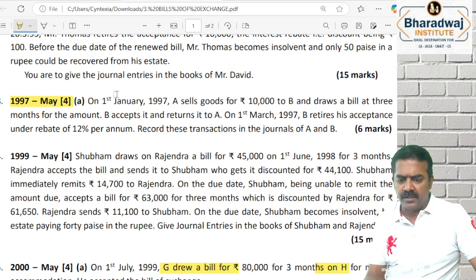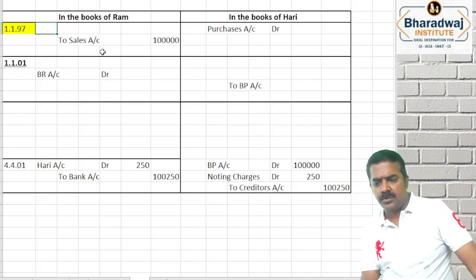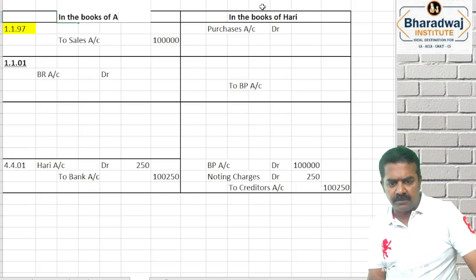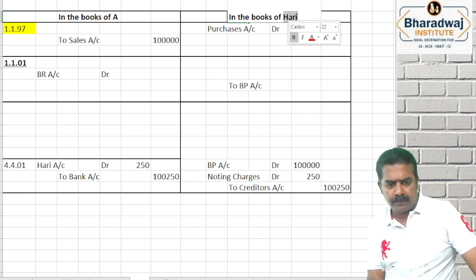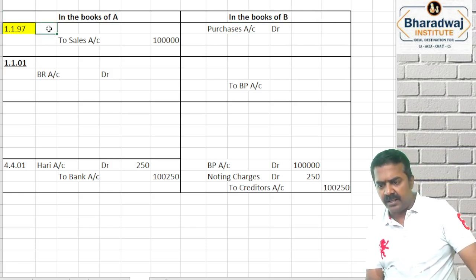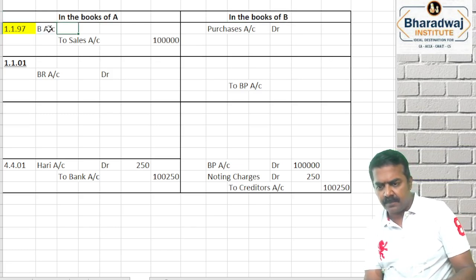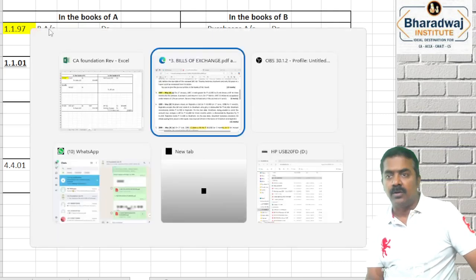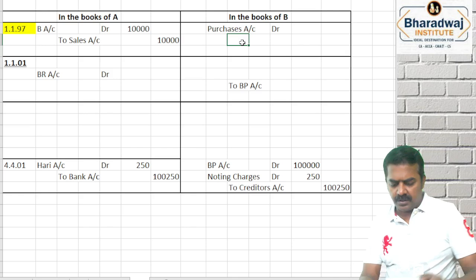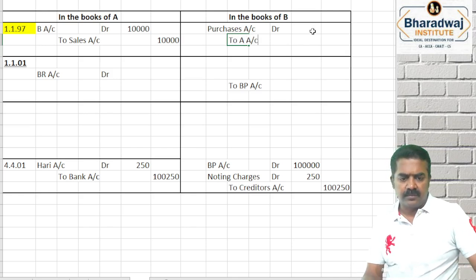A sells goods to B, in the books of A and in the books of B. What is the first entry? B account debit, to sales, for 10,000. Purchases account debit, to A account, 10,000.